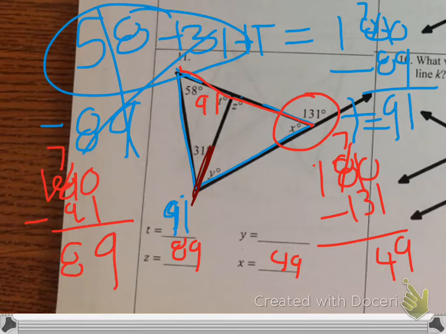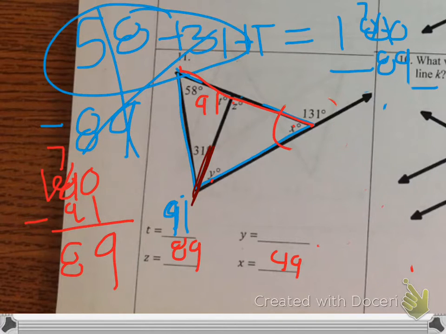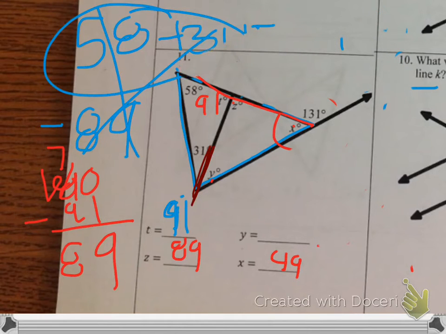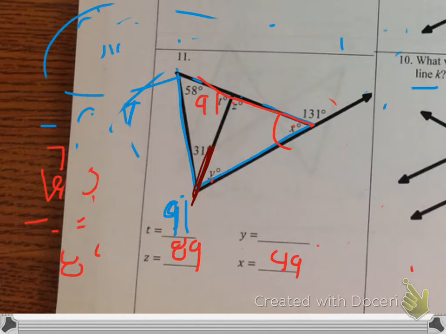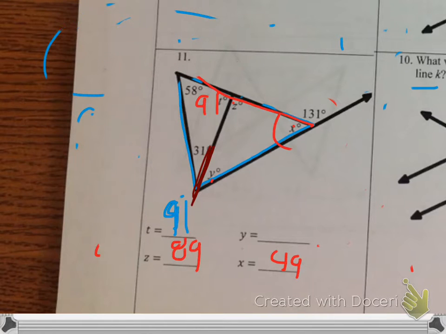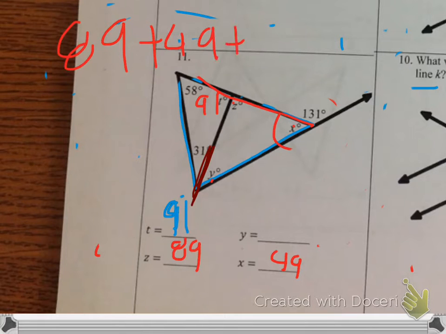Okay, so now that we know what X and Z are, we can find Y. I'm going to erase how we found it, and now I'm just going to erase all real quick. Since we know what Z and X are, we can do 89 plus 49 plus Y equals 180.